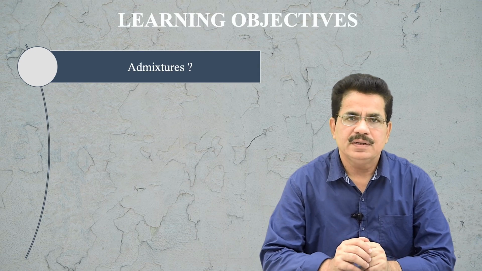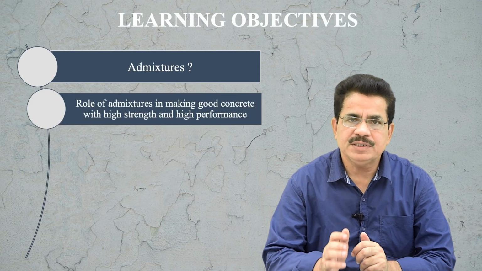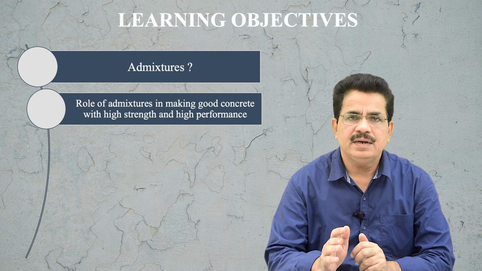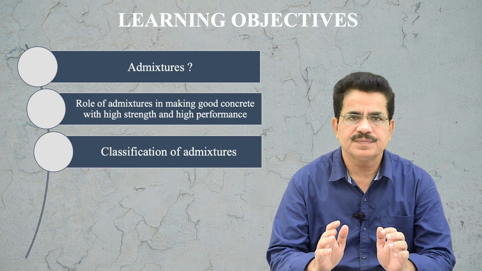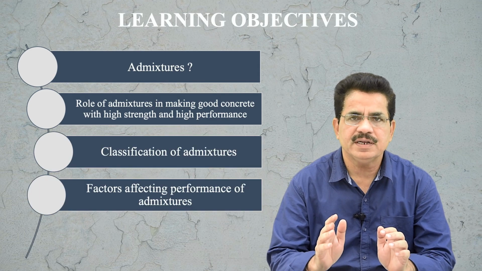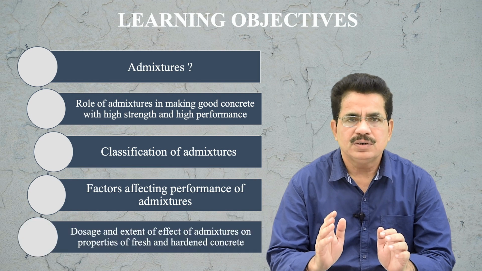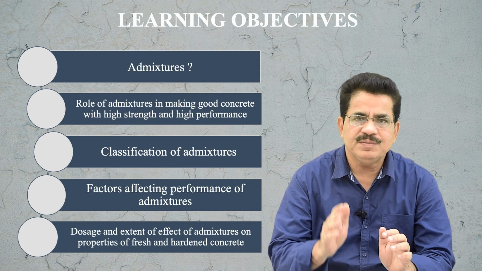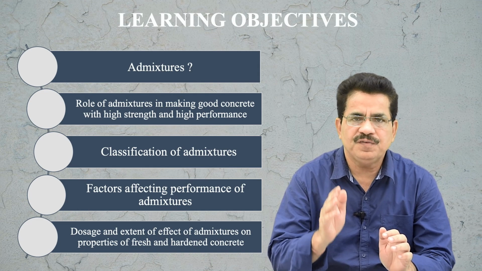First of all, we will discuss what are admixtures, then the role of admixtures in making good concrete with high strength and high performance, then classification of admixtures, then factors affecting performance of admixtures, and also the doses and extent of effect of admixtures on properties of fresh and hardened concrete. So let us begin with admixtures.